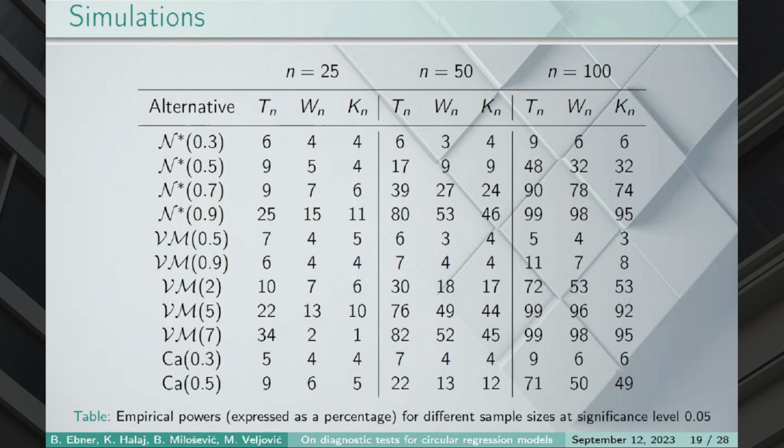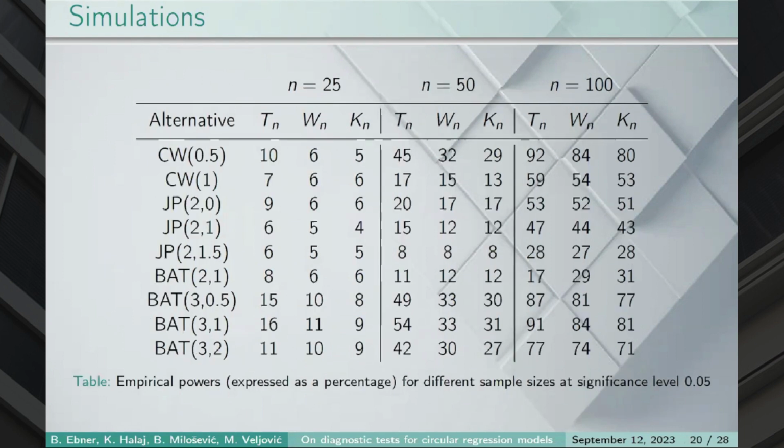Also, with increasing sample size, the difference between the powers of the Tn test and the classical ones decreases. The results are similar for other alternatives. With increasing sample size, powers are also increasing, and in general, Tn performs better than the classical tests.